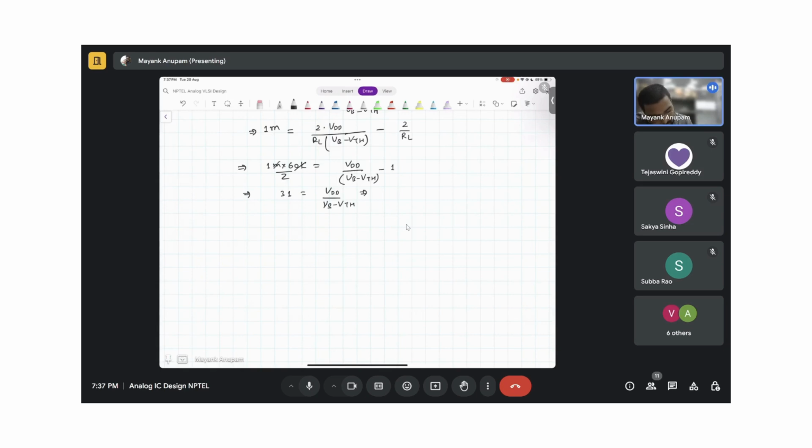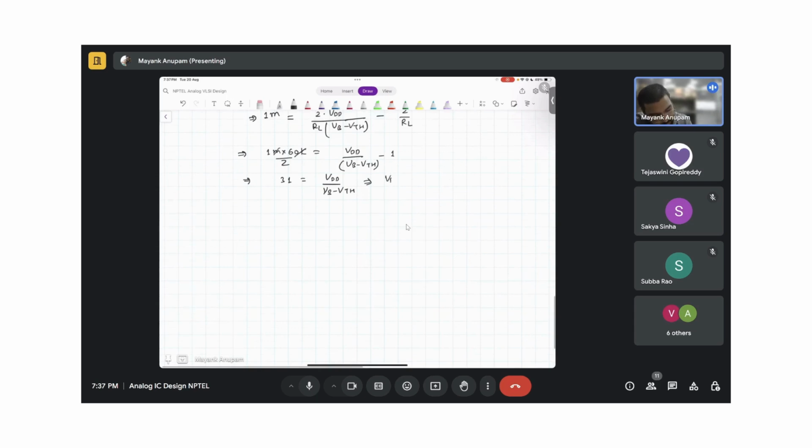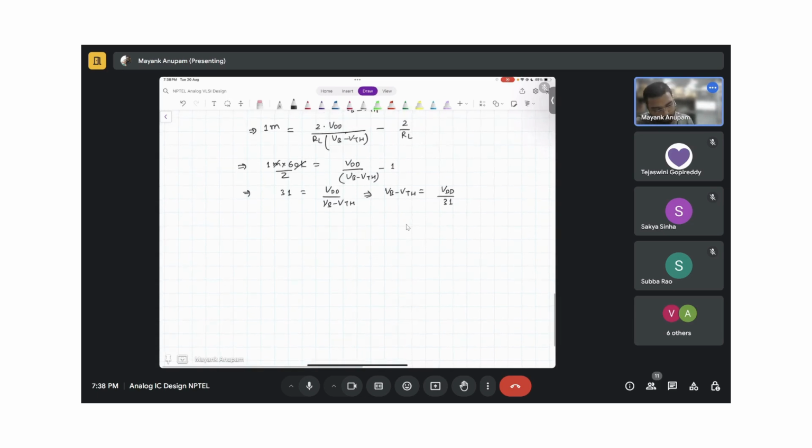So how much will this be? VB minus VTH will be equal to VDD upon 31, correct? So VB will be equal to VTH plus VDD upon 31.